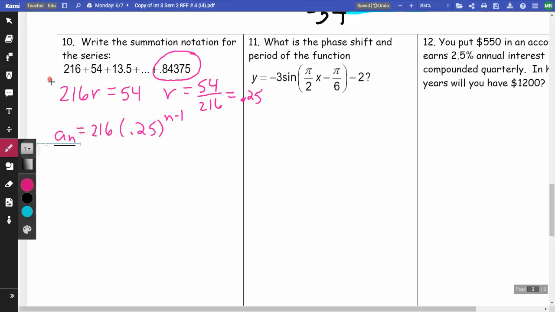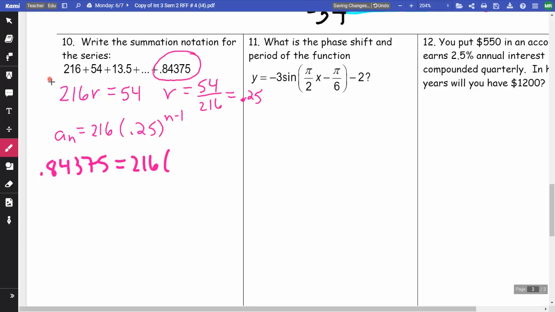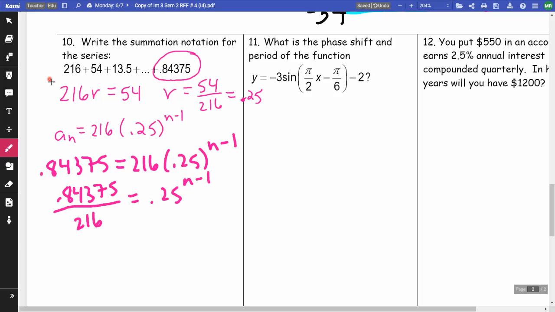And I want to figure out 0.84375, what term that is. So I'm going to plug it in for y, or a sub n. I'm going to divide by 216. 0.84375 divided by 216 is equal to 0.25 to the n minus 1.